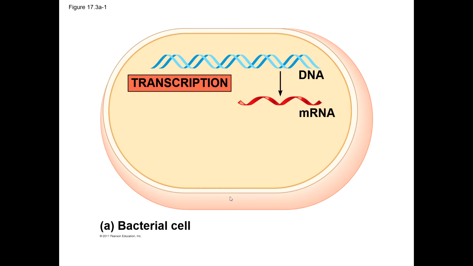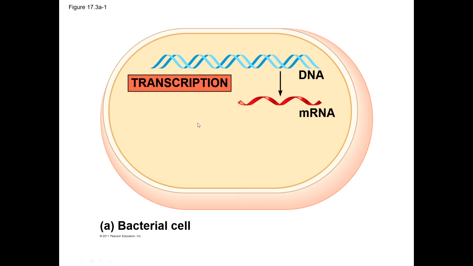Now, a lot of study on this began, as always, with bacterial cells because they're prokaryotic cells. They're much easier to study, and they don't have as much DNA involved as well. So when you look at transcription in a bacterial cell, here's your piece of DNA.